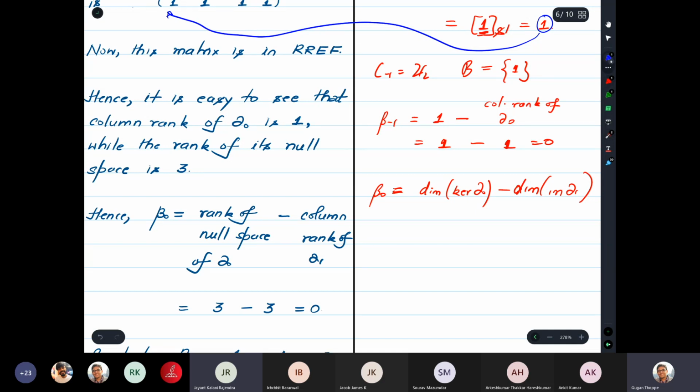What has changed is the kernel of Daba 0: earlier, in the usual homology case, its dimension was 4, now it is only 3, and the dimension of the image of Daba 1 was 3 before and is 3 now as well. So this turns out to be 0. Is this okay? So in the reduced homology case, you can see that beta 0 is actually 1 less than the Betti 0 in the usual homology case.